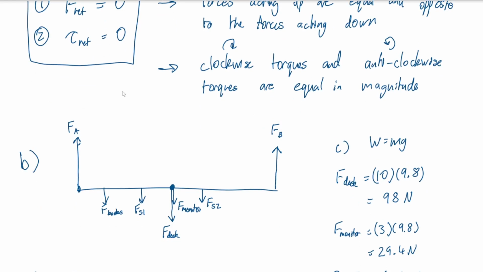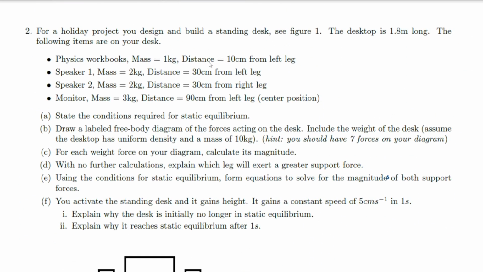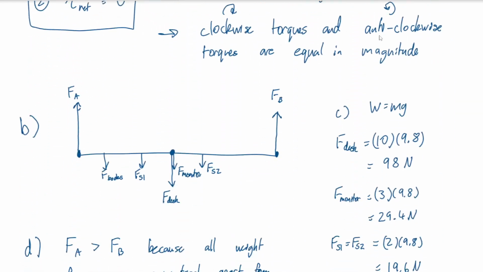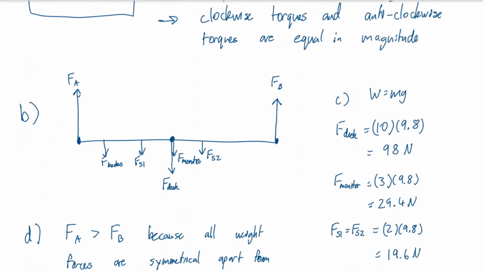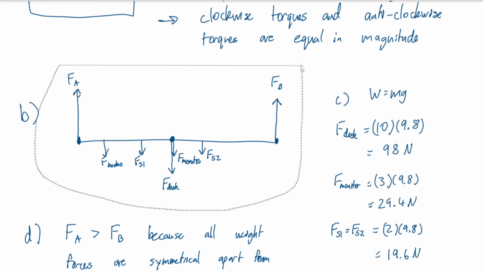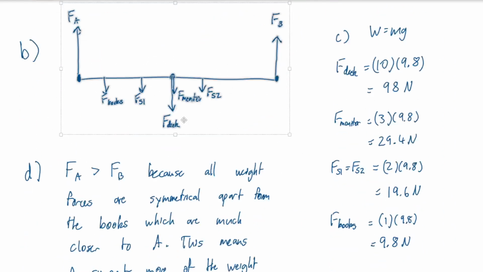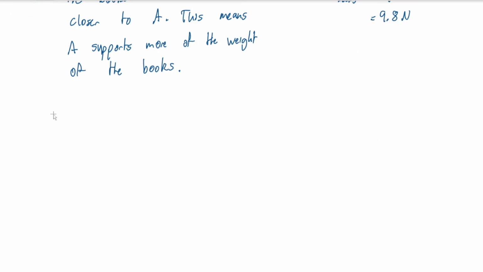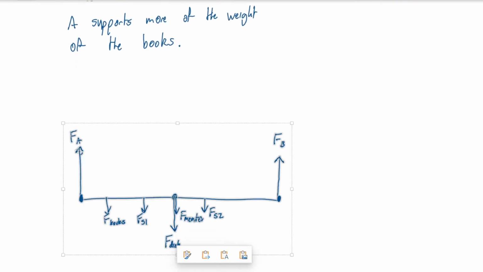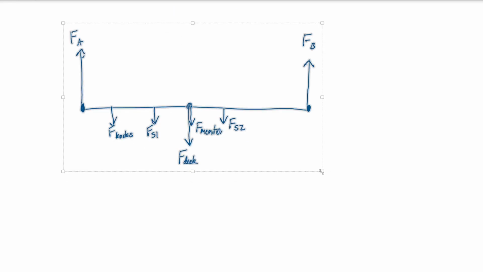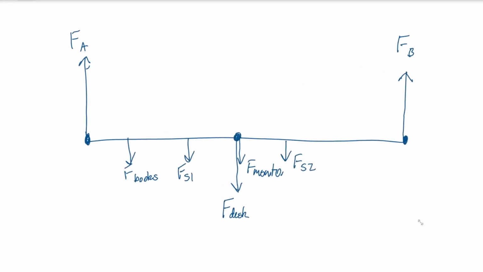So this is our 0, that's point A and point B. The disc is 1.8 meters long. Maybe I'll just make a copy of this diagram and make it a bit bigger. The benefits of working digitally. Alright, beautiful.